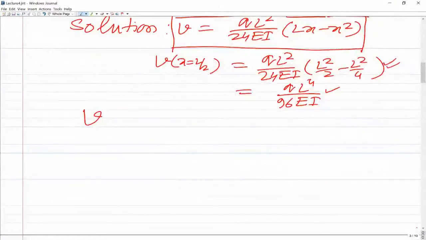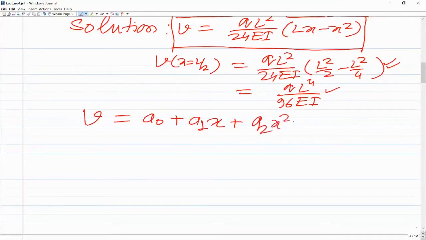If you are asked to find additional quantities, you can do that. But the next level of approximation could be a cubic polynomial, or a quartic polynomial up to x to the power 4. Those are the various levels of accuracy we can improve. The next level is a2 x square plus a3 x cube. You can just increase one more term.